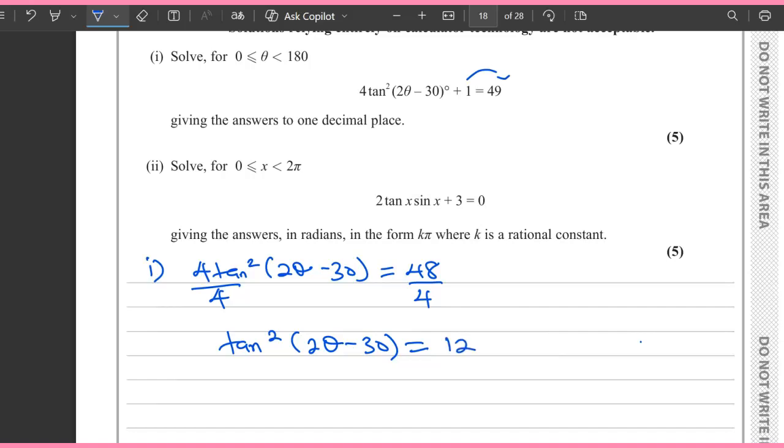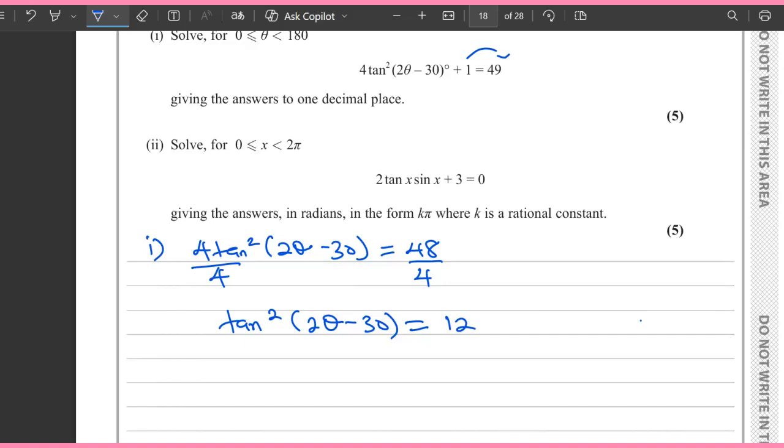Now for us to remain with only tan, we need to get the square root of both the left hand side and right hand side. So if we apply the square root here, we are going to have tan of (2 theta minus 30) equals plus or minus the square root of 12.